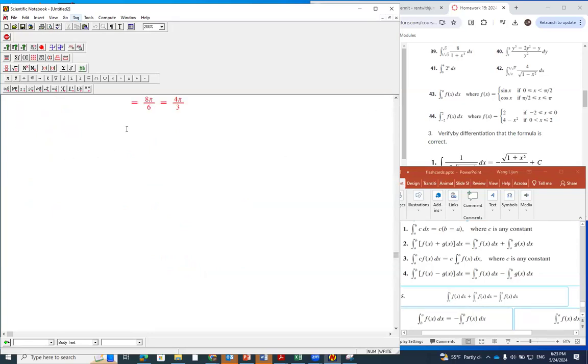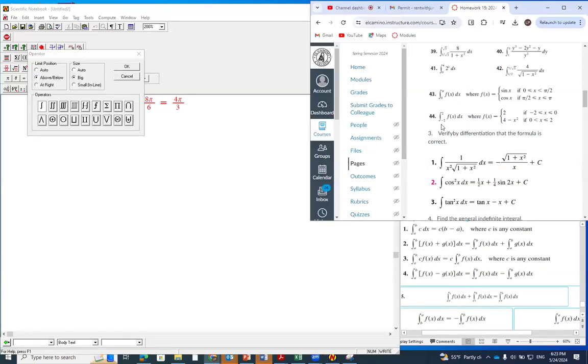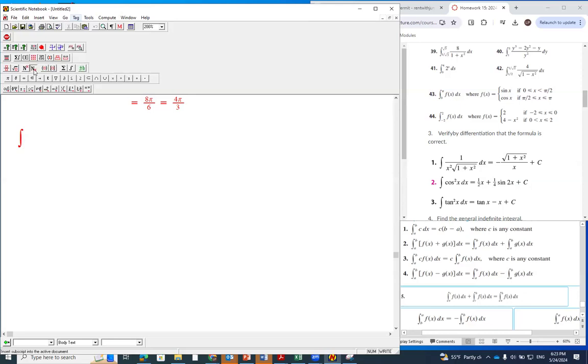Okay, so we have integration from 0 to pi, and the function is f of x dx.